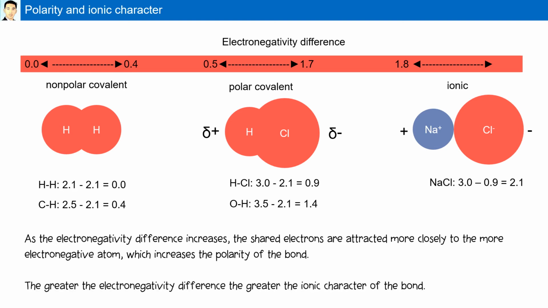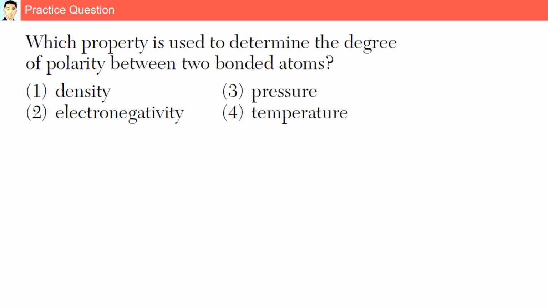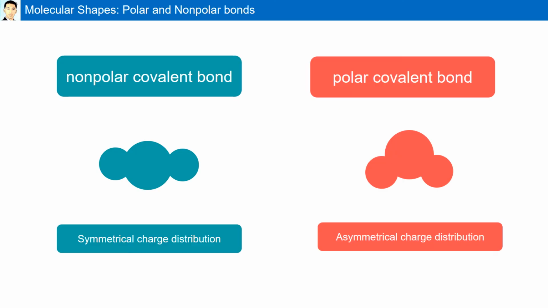The greater the electronegativity difference, the greater the ionic character of the bond. Practice question. Which property is used to determine the degree of polarity between two bonded atoms? Electronegativity.